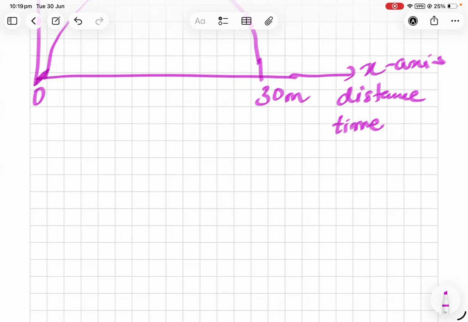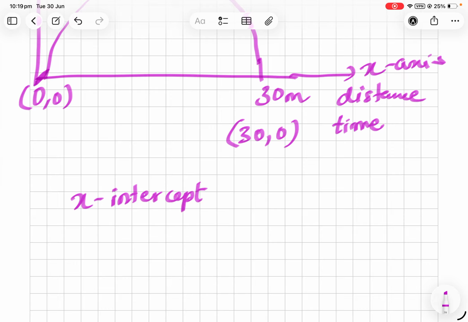All right, now at the ground, the values are 0, 0. The ball has to travel a distance of 30 and 0. So these are your 2 x-intercepts. My x-intercepts from the problem are as mentioned above: 0, 0 and 30, 0.